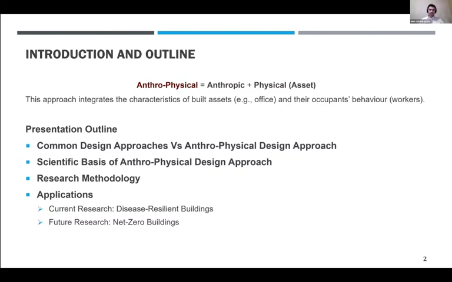One is improving disease resilience in buildings, for example office buildings that I've already done research on, or hospitals. It can be extended to other sectors as well. I'll also talk about net zero buildings, which my EPSRC application has been based on. It's not future research, hopefully future research, so fingers crossed for that. And there's another topic that I'll be introducing at the very end.